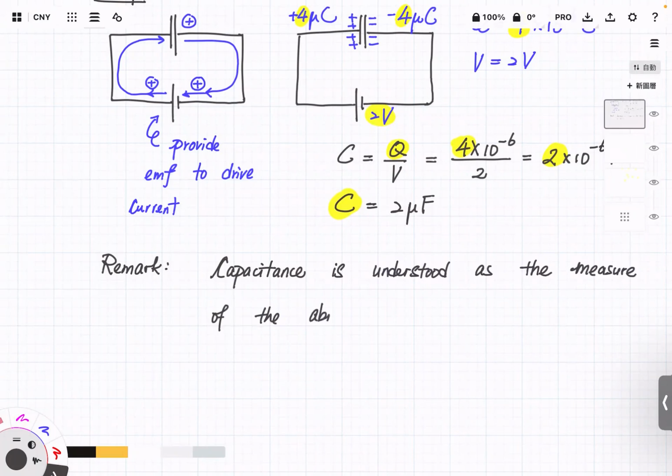Ability, not capacity. It's not to say how many charges it can store before it explodes, but it's the ability. The larger the capacitance, it means that this capacitor can store more charges.